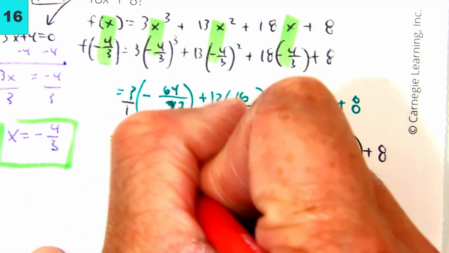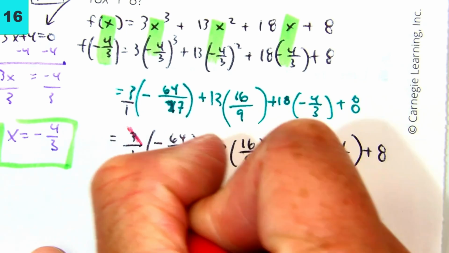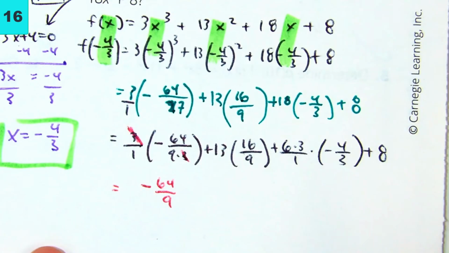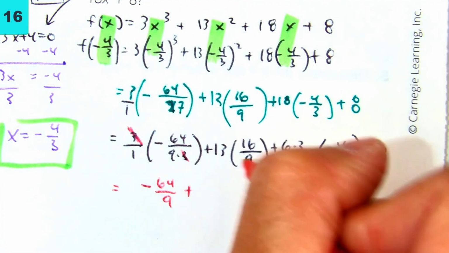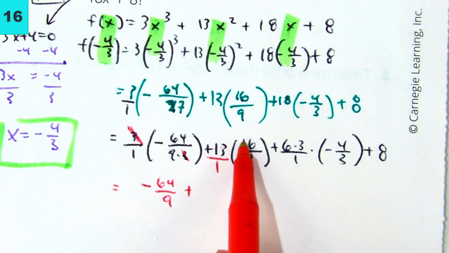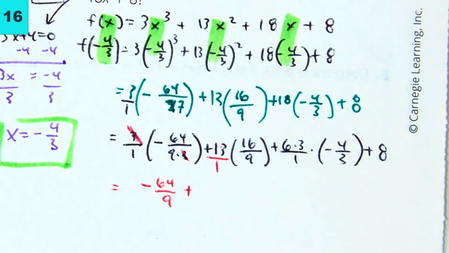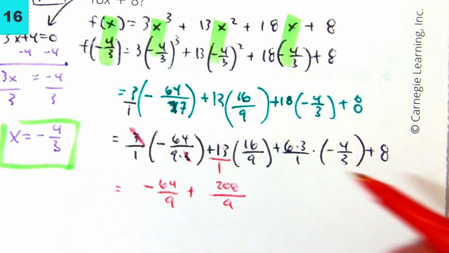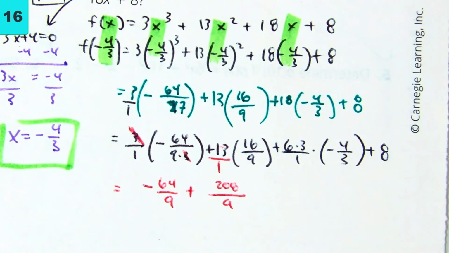I'm going to cancel my 3's there. So that one becomes negative 64 over 9. That one I'm just going to multiply, so 13 over 1. So I'm just going to multiply across for fractions. 208 over 9. My 3's I'm going to cancel here.